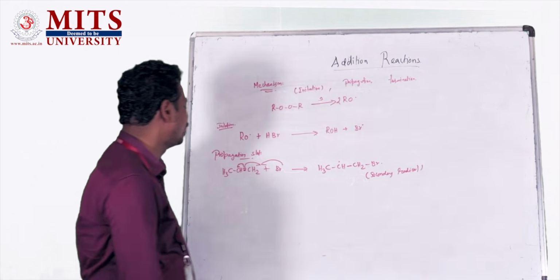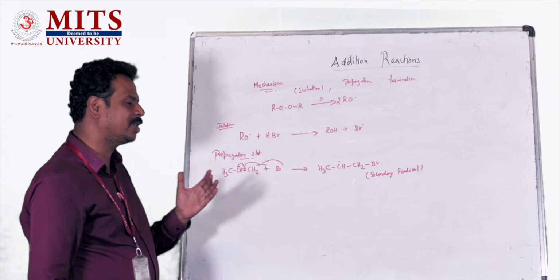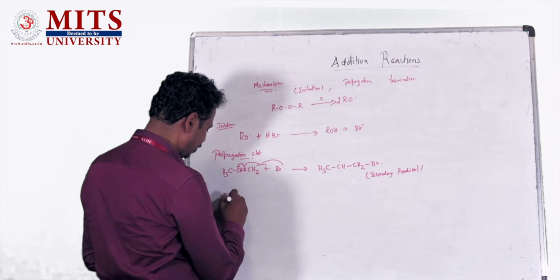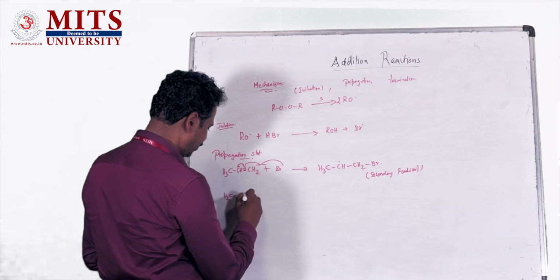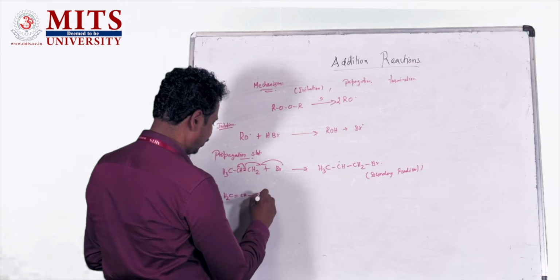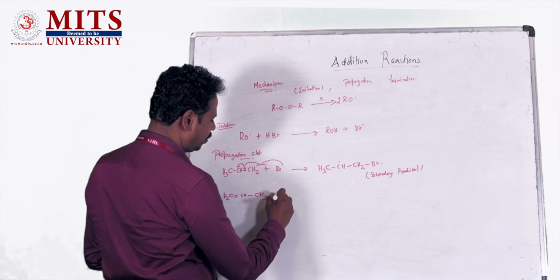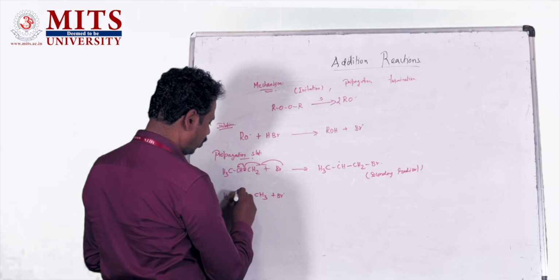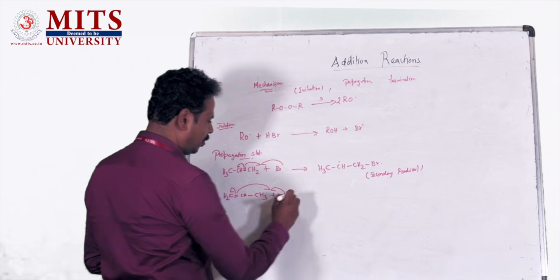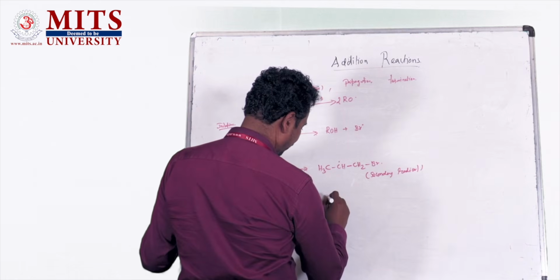Suppose it attacks in the other way, you can write it in this other way. Suppose the Br dot forms this one and this one, and this dot is forming, that means the primary one.